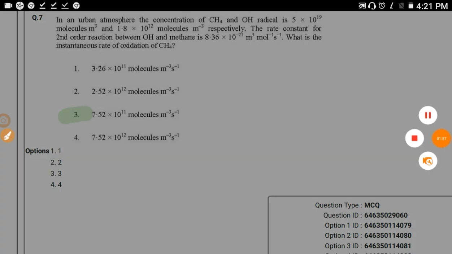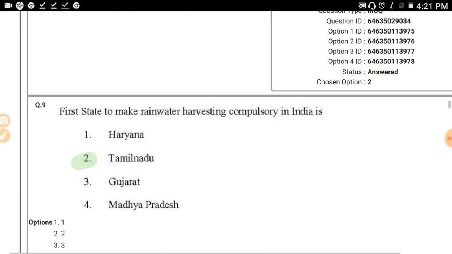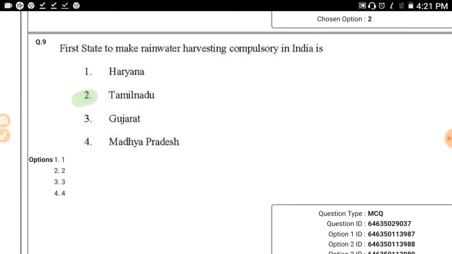Okay. Which type of earthworms are most suitable for vermicomposting? This is epigeic type of earthworm, which is most suitable for vermicomposting. Next question. First state to make rainwater harvesting compulsory in India is Tamil Nadu.